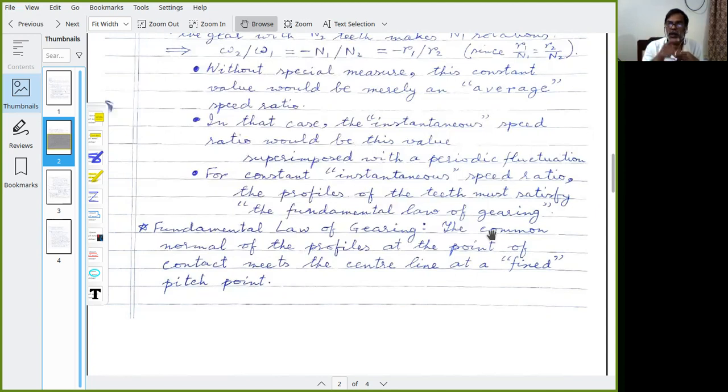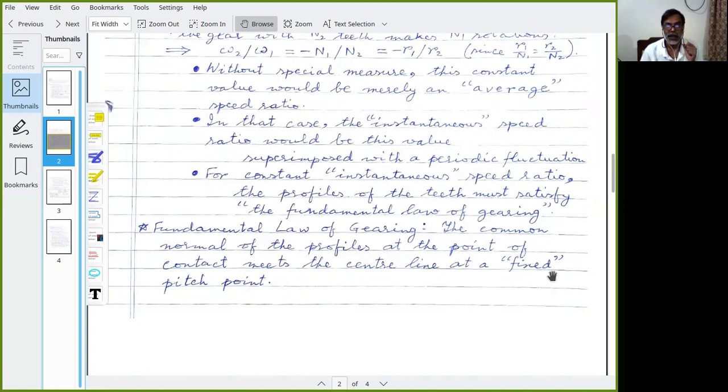Okay. Through the teeth passing through the engagement zone, the common normal at the point of contact should not change its point of intersection with the center to center line. Okay. So it should meet the line always at the same point on the center.